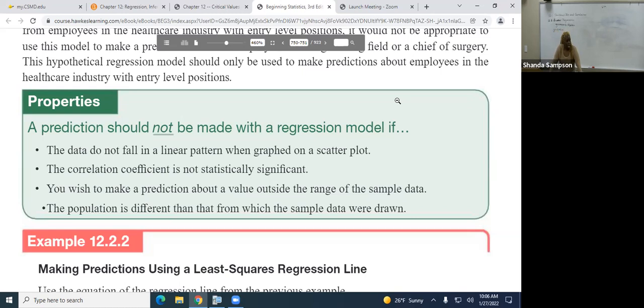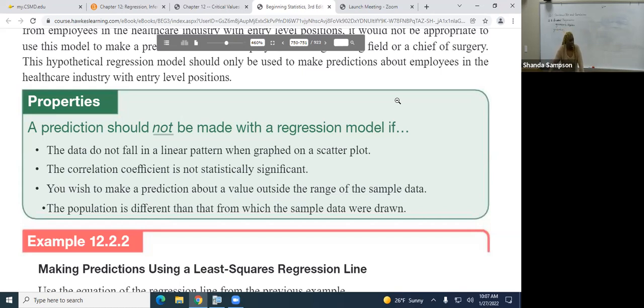So for example, I could take a survey from Caucasians, and then say, well, African Americans feel like this. You can't do that because you didn't pull from that population. You can't just assume that one population is going to be the same. Everybody follow? That's one of the reasons why we have to have a population of everybody.